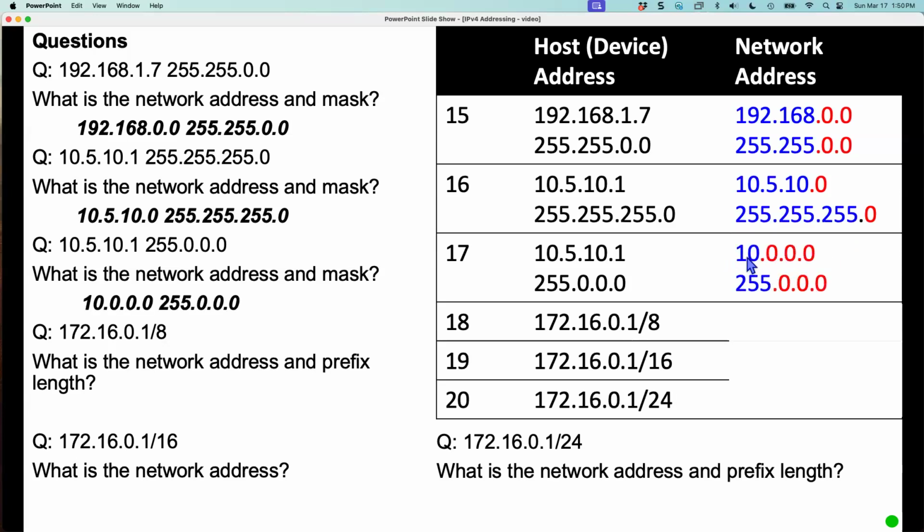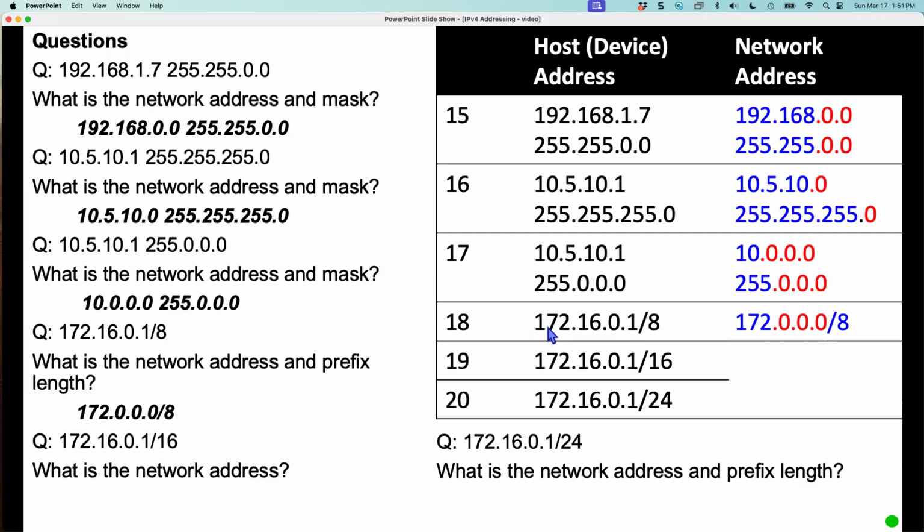Here we go. Notice same address, different mask. So in this case, if this was our mask, the network would be 10.0.0.0. Now here I've got 3 of the same IP addresses, but different masks. Let's see what their network would be. For number 18 here, 172.16.0.1/8.